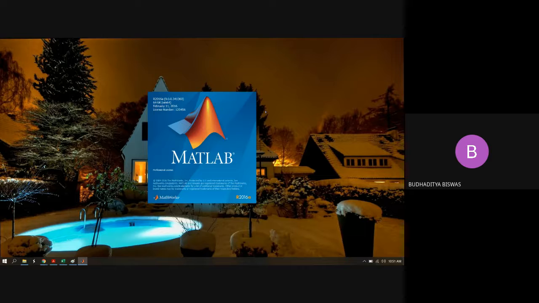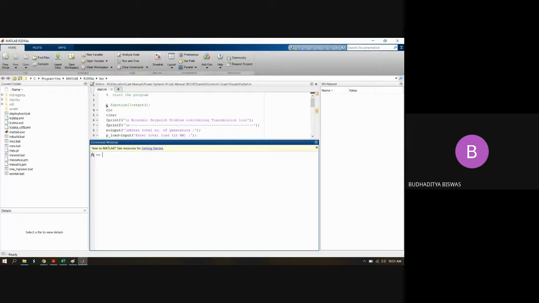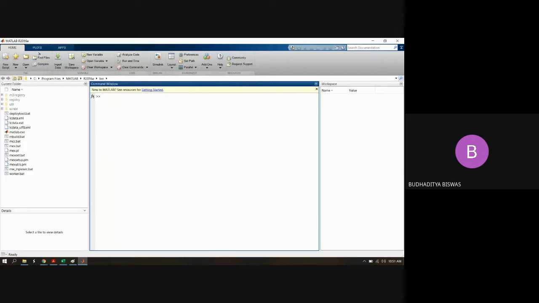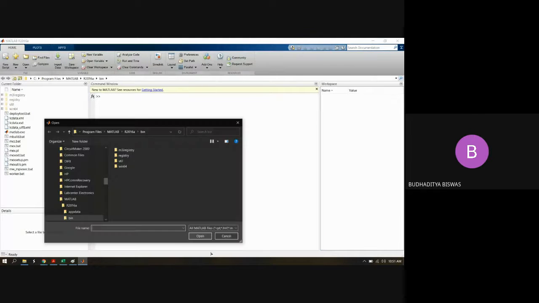Please wait till MATLAB is loading the problem. Okay, so I now need to open that program.